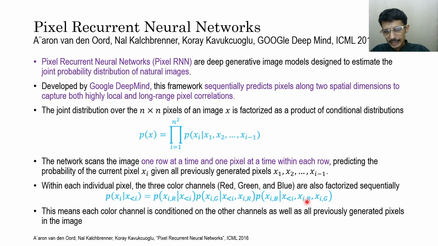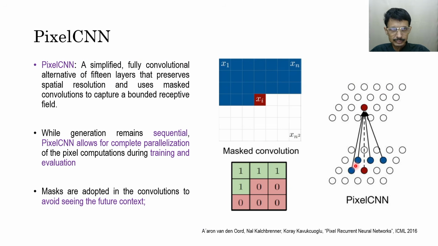So not only are the pixels sequential, but the RGB channels are also factorized sequentially. This means each color channel is conditioned on the other channels as well as all previously generated pixels. That is the major aspect of this very important work by Google DeepMind in 2016.